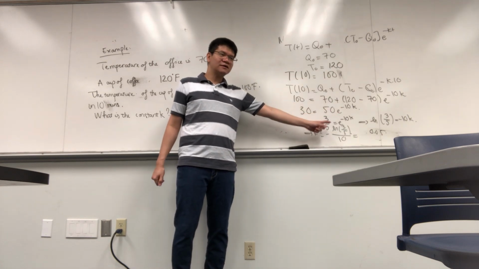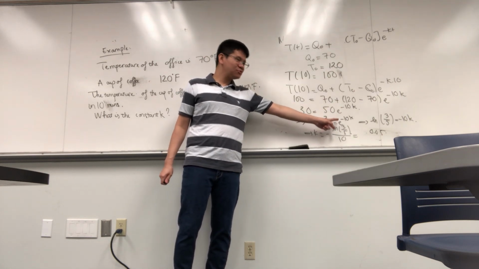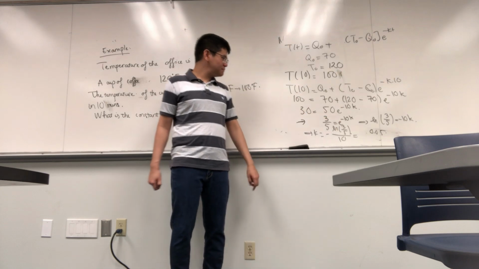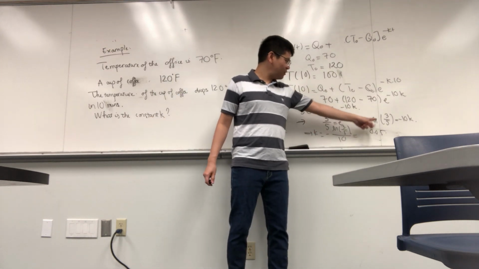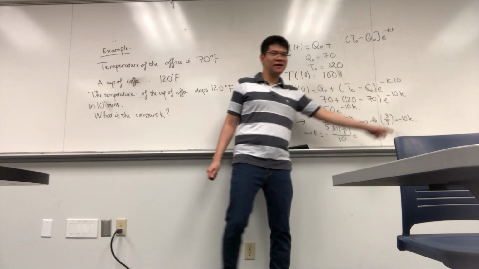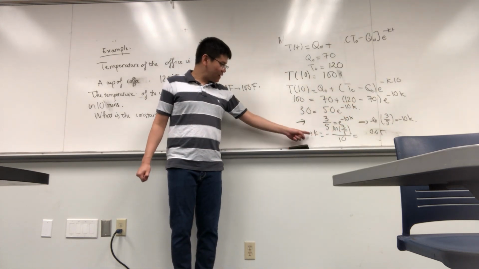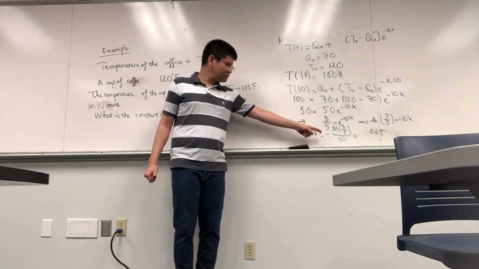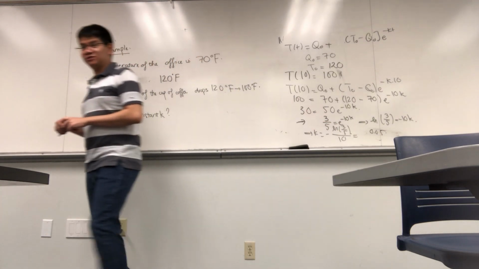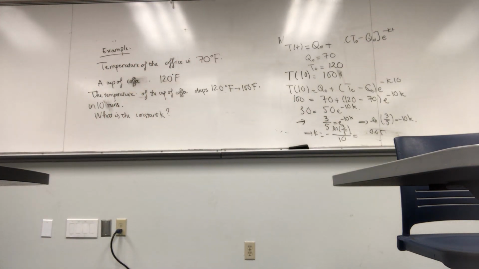I'm going to take the log. I have 3 over 5 is e to the power minus 10k, so log of 3 over 5 is minus 10k. So k will be minus log of 3 over 5 over 10, and this gives me 0.05. Right? Questions? It's good?